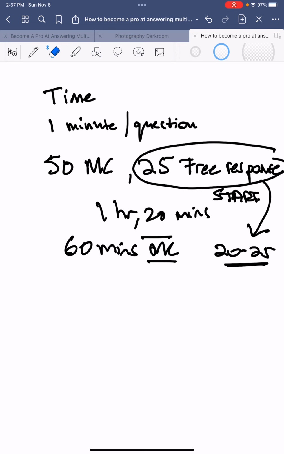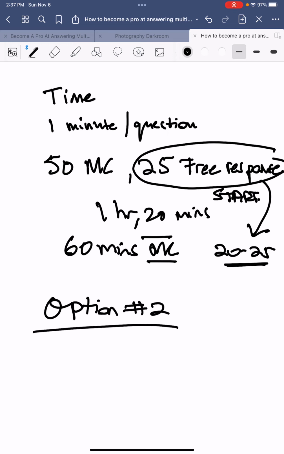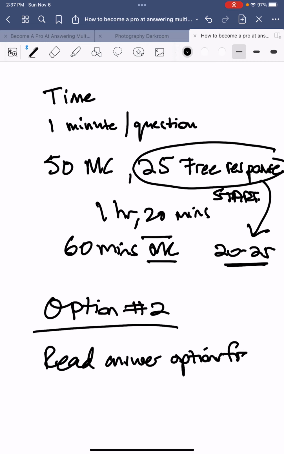The other option that I do want to mention, I would call this option number 2. The technique I explained to you with those two or three examples was not reading the answer options. But some students tell me that they have success if they read the answer options first, and then try to see from the answer options if there is a statement in there that seems contradictory.